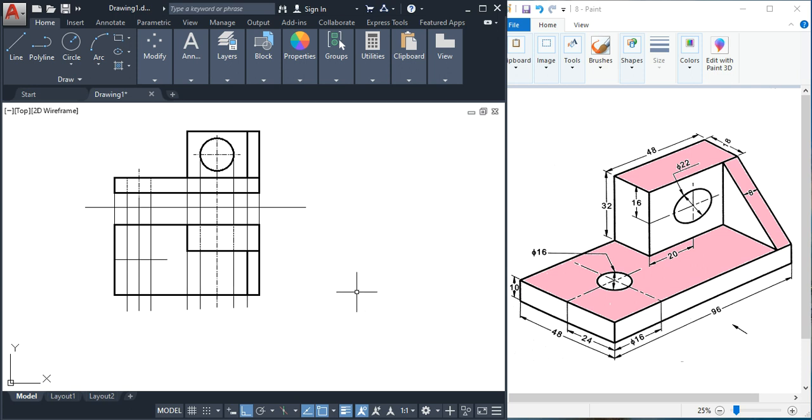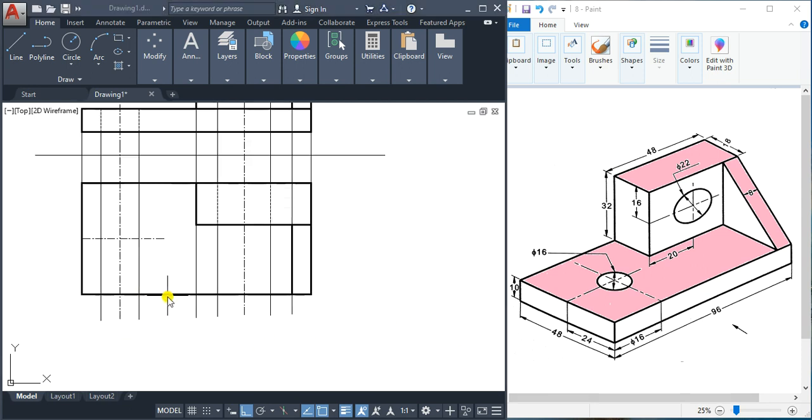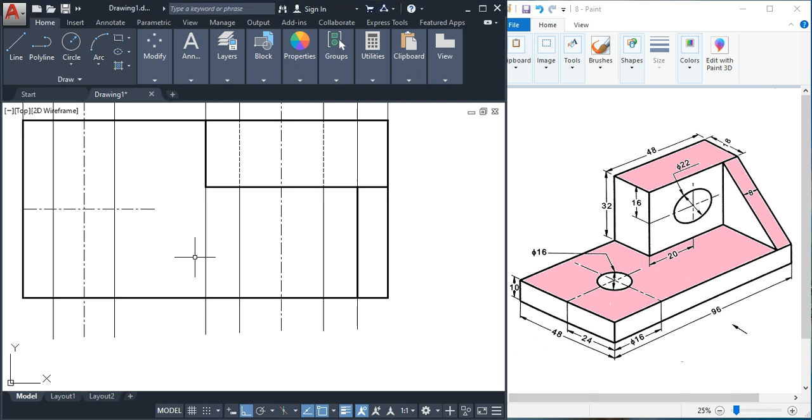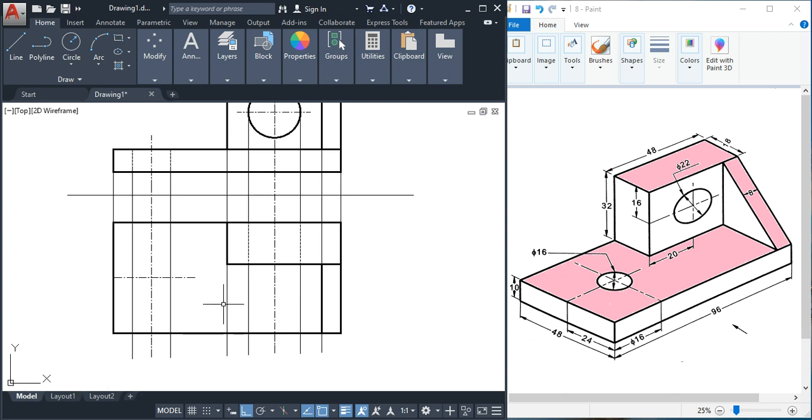Okay, no problem. So here these two are axis lines, and here we'll draw a circle.